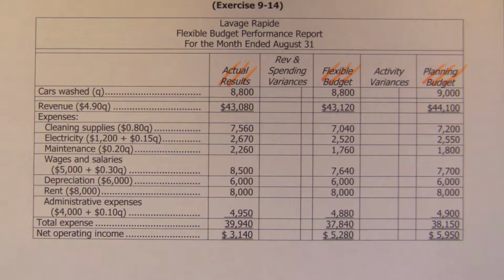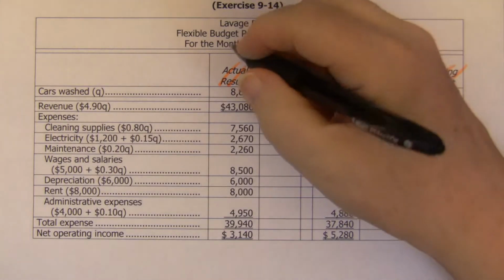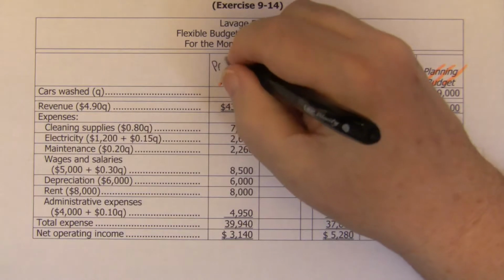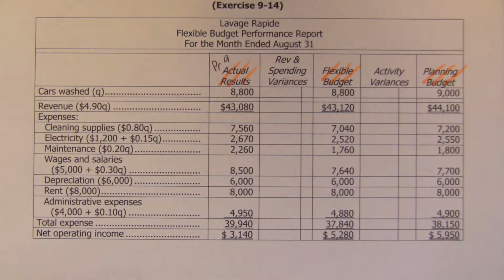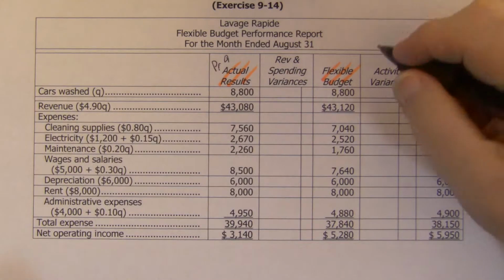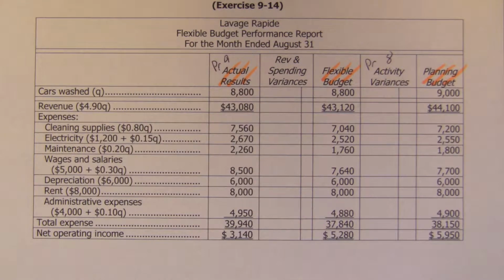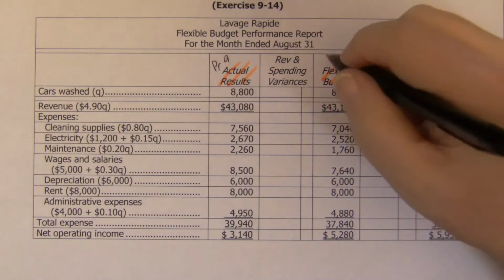So let me go get those for you. The income statement, the actual results, this came from, and I'll use the Connect number, problem 9. And the activity variances, this came from problem 8. And the flexible budget came from problem 7.